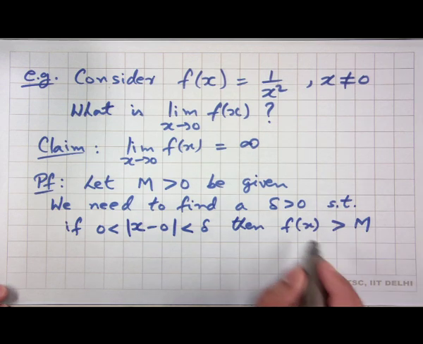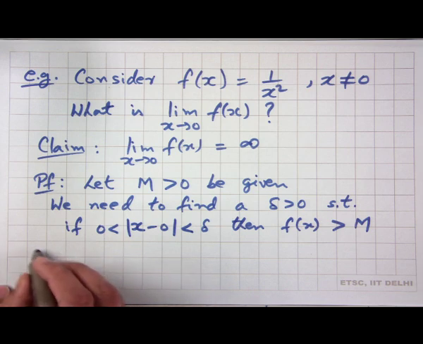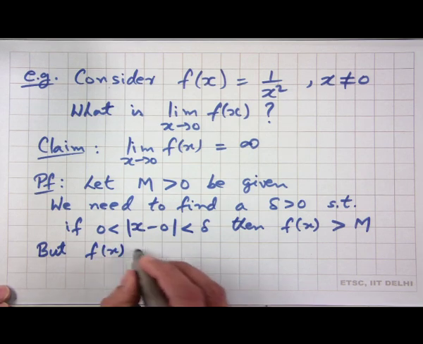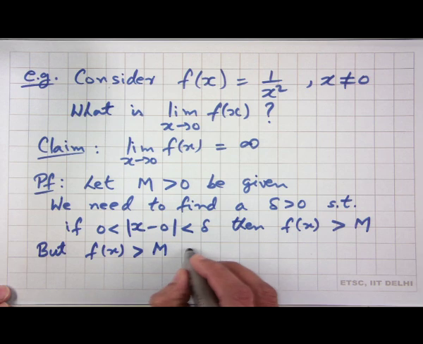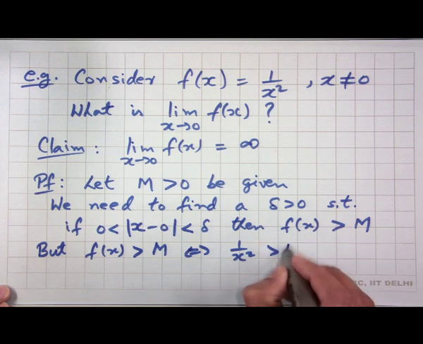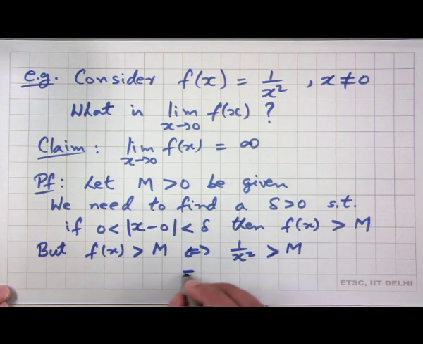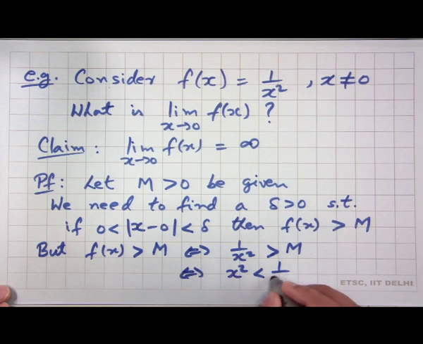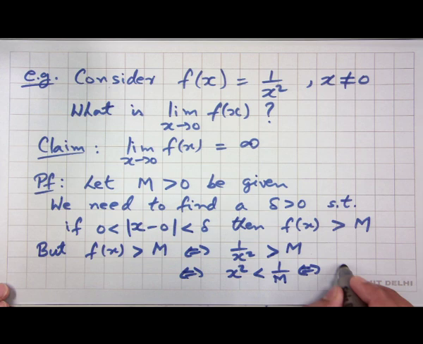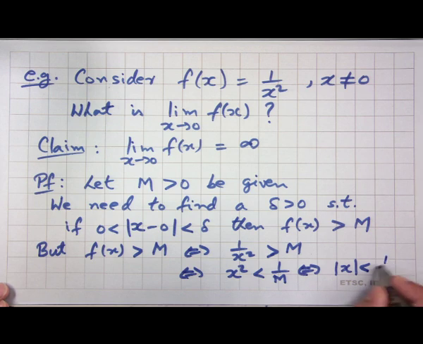Now, f of x bigger than m means that 1 by x square is bigger than m, which is equivalent to x square less than 1 by m, which is equivalent to mod x less than 1 by root m.